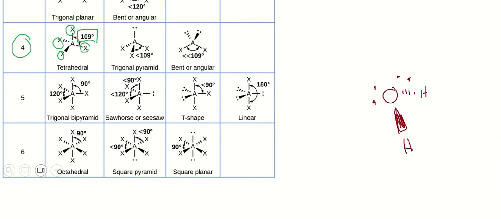Now you have this lone pair, extra repulsion, and then they're also repelling these guys. So this angle here is about 104.5 degrees. They're repelled more by the extra lone pair, so they're squeezed together a little bit more.